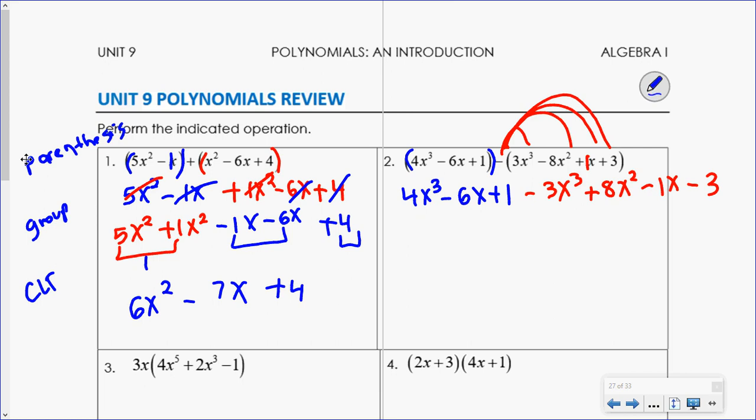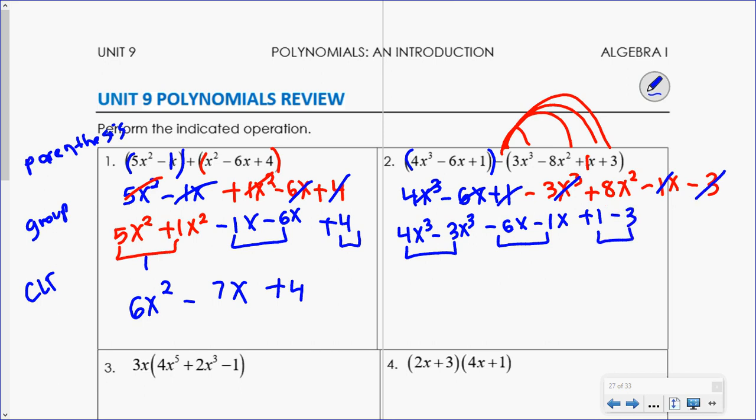Then I want to group my like terms, so 4x cubed pairs with negative 3x cubed. Combine my coefficients in front of the x cubed term. Next, I have negative 6x and negative 1x. Combine my coefficients there. Next, I have positive 1 and negative 3.